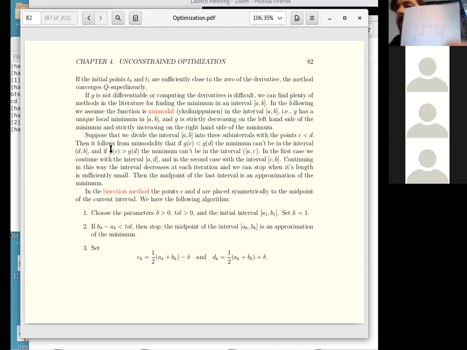You take some region around the midpoint, so here's your midpoint, here's the minus delta, and here's the plus delta from the midpoint. Those would be your CK and DK.